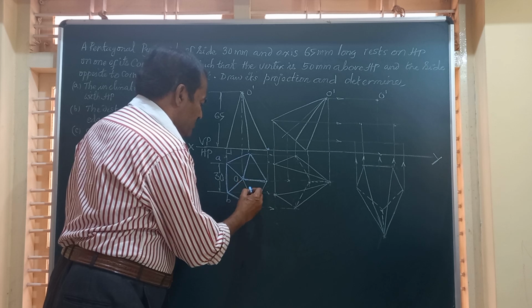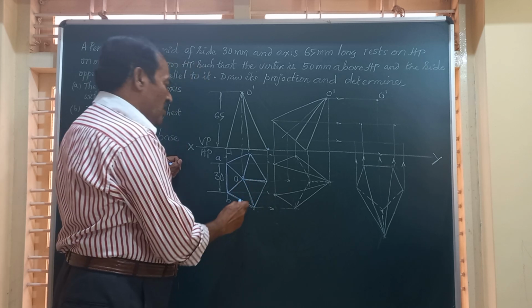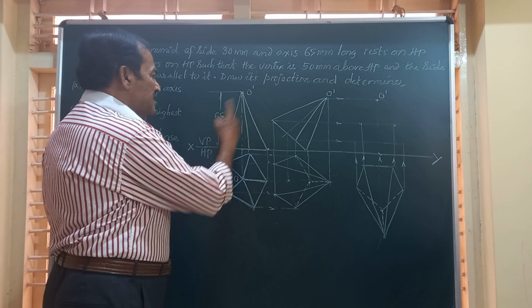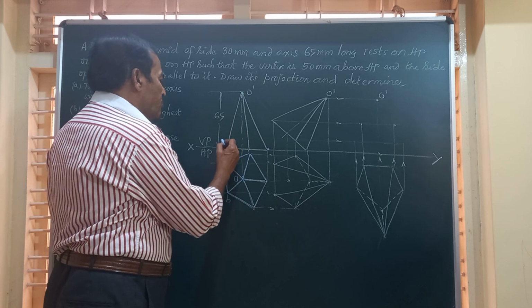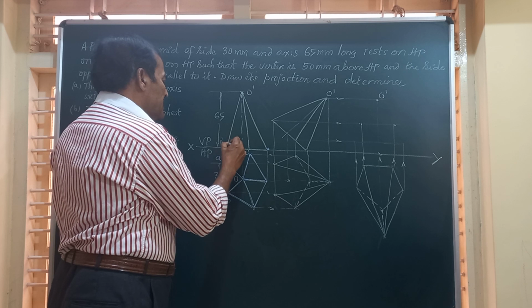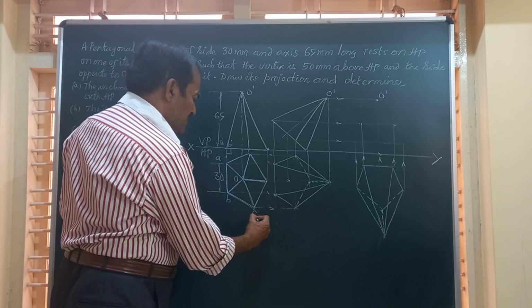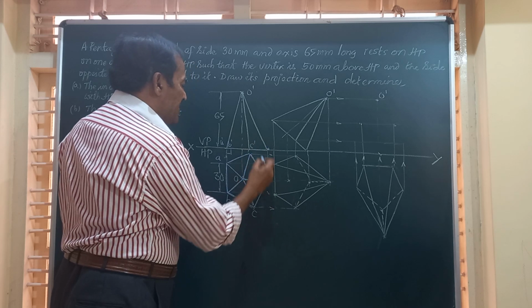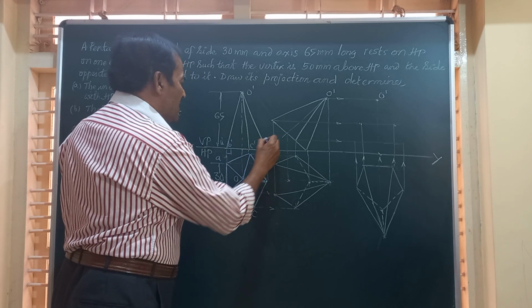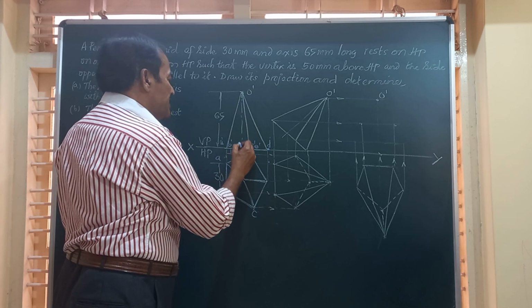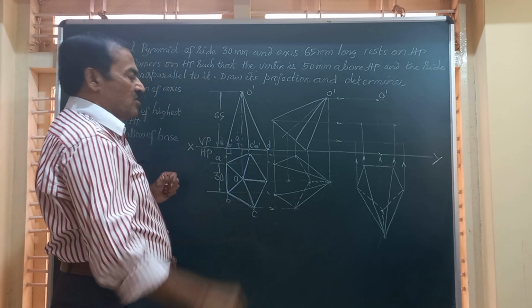So friends, this is the initial position of the solid, and now we can project all these lines to the front view and obtain the front view, and these points on it are A dash, B dash, this is C dash, this is D dash, and this is point E dash. O dash and O1 dash represents the axis of the solid.